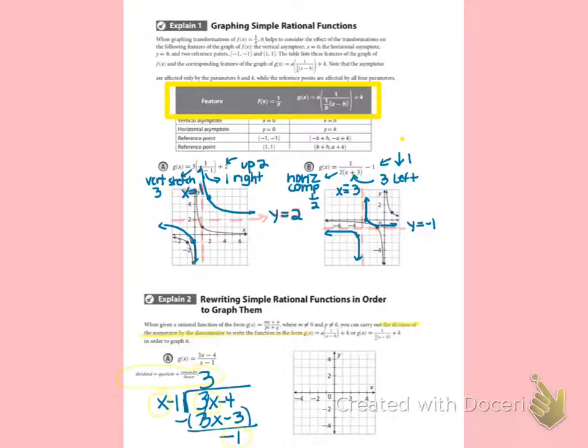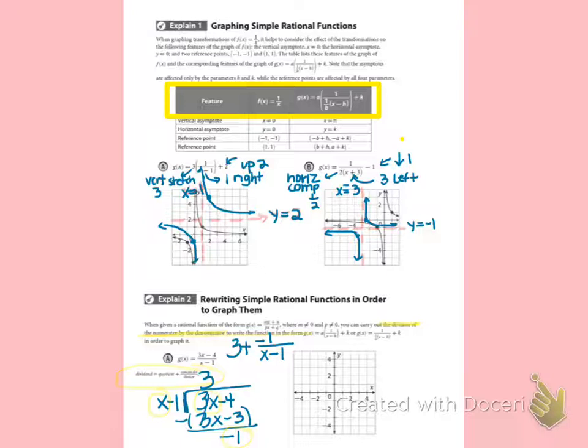So if I wrote it in that form that you see right here, it's the quotient, which is 3, plus the remainder, which is negative 1, over the divisor, which was x minus 1. Now you can see we have this written kind of in this form that we're used to.